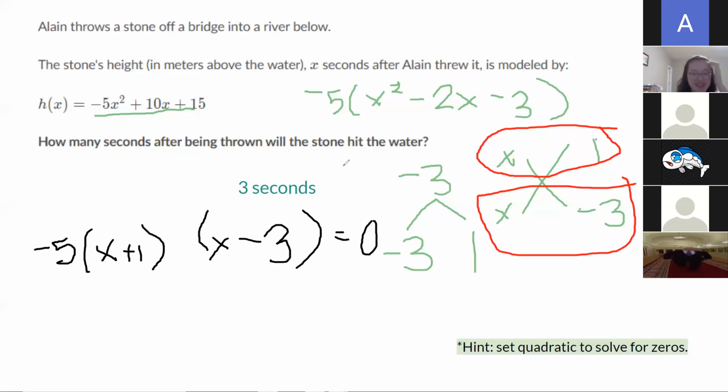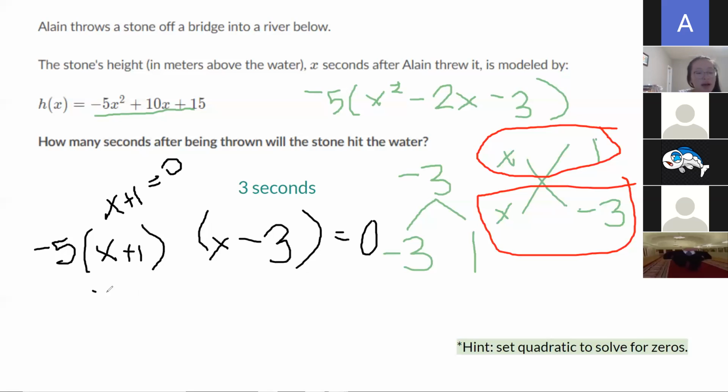I don't think I actually talked about this, but x plus 1 has to equal 0 in order for this to work. So if x plus 1 equals 0, what is x? Negative 1.